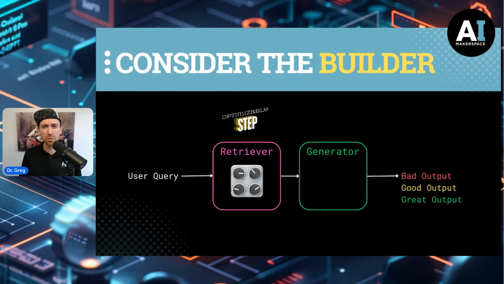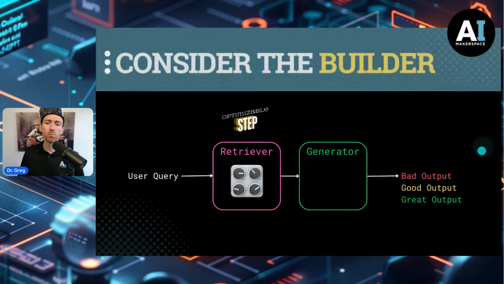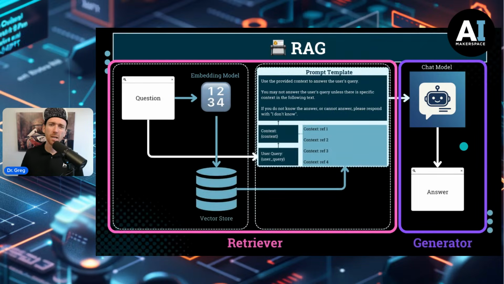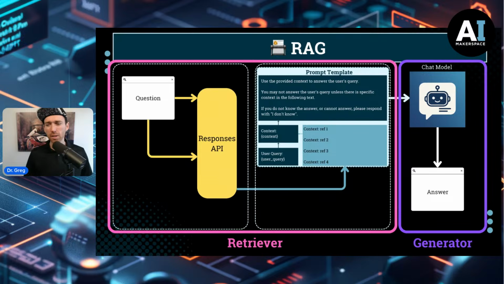We want to dial this in, setting up the retriever so that we can do the generation, retriever generator status. We've talked about RAG a million times on this channel, and the responses API really allows us to not really worry about setting up vector stores ourselves. Everything is handled under the hood.